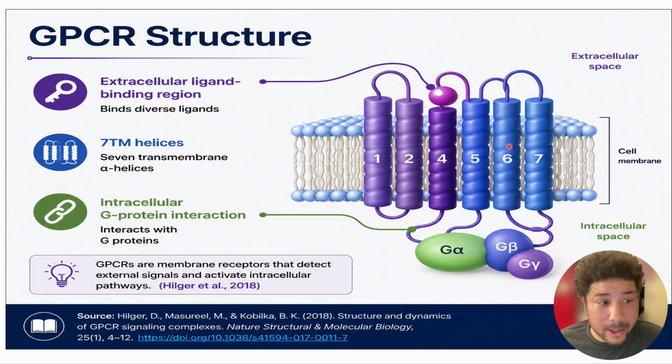This hydrophobic character is essential because the interior of the phospholipid bilayer is nonpolar. So hydrophobic side chains can interact favorably with the fatty acid tails of the membrane lipids.